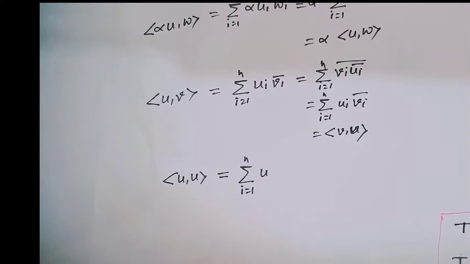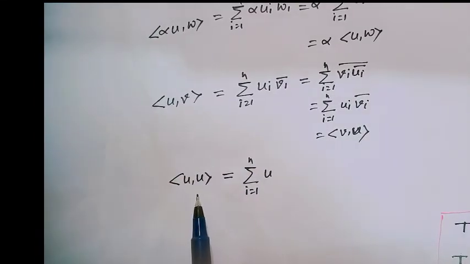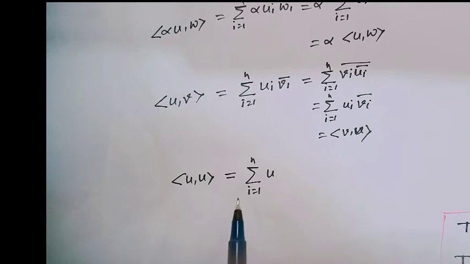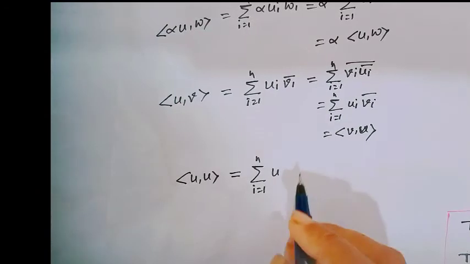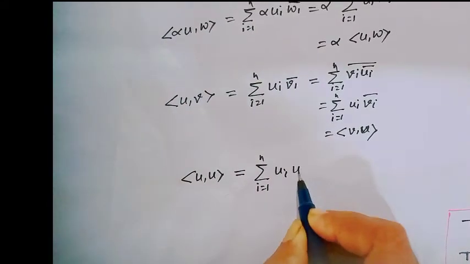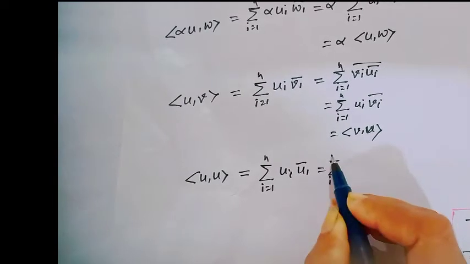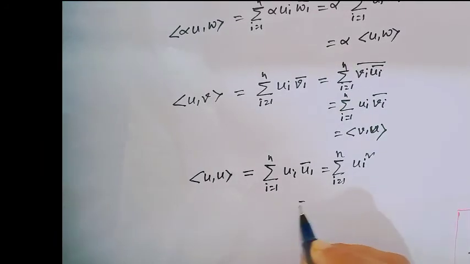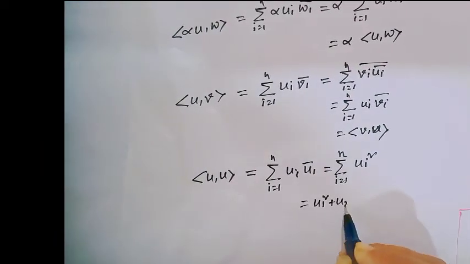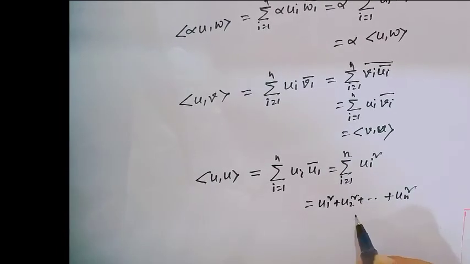Our next property is positivity. This is the inner product with itself, that means u with itself. This is equal to summation i equal to 1 to n of ui times ui bar, which is similar to summation of |ui| squared. That means this is equal to u1 square plus u2 square up to un square, and this value is obviously always greater than or equal to 0.